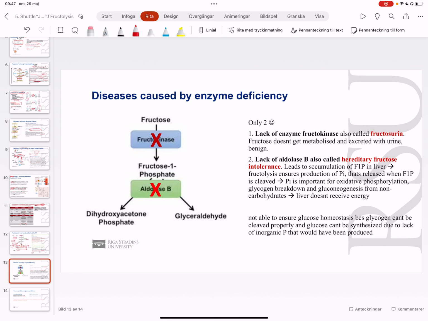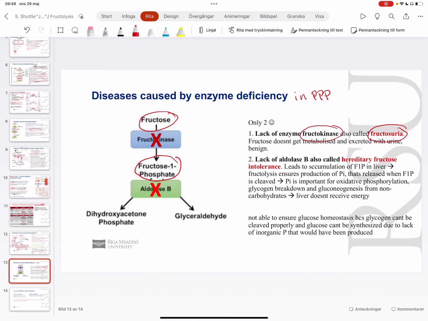So diseases that are caused by enzyme deficiency in fructose metabolism. So we have lack of enzyme fructokinase, also called fructosuria. So fructose, in order to be converted to fructose 1-phosphate, we will need the enzyme fructokinase.